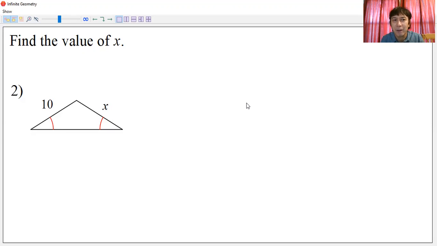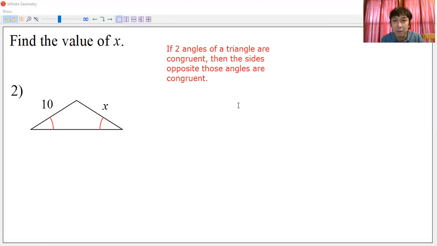Now these two angles have opposite sides, the x and the 10 units. So by means of the theorem, if two angles of a triangle are congruent, then the sides opposite those angles are also congruent.